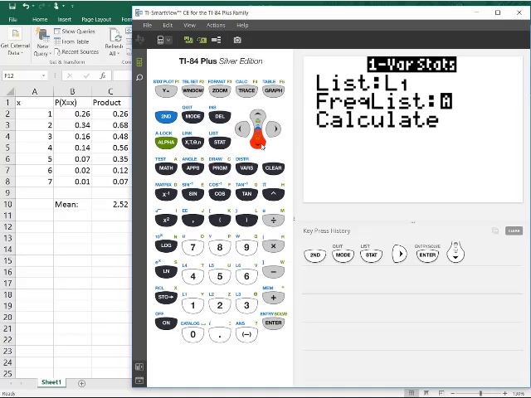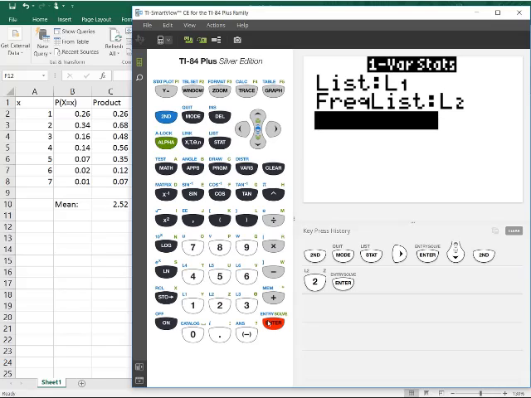What's different is we're going to use something here for the frequency list. For the frequency list, we're going to use the probabilities, and the probabilities came from L2. Notice you have an L2 right above your 2 key, so I'll push second, and then L2, and then enter to get to calculate, and then we'll push enter again.